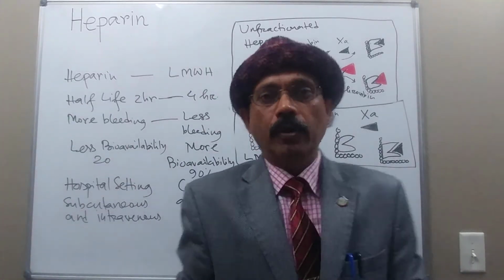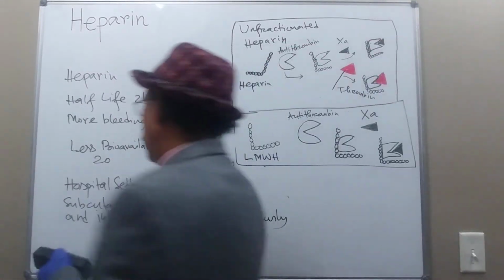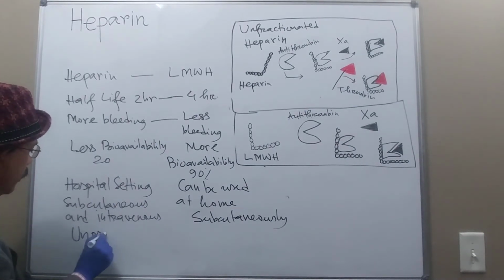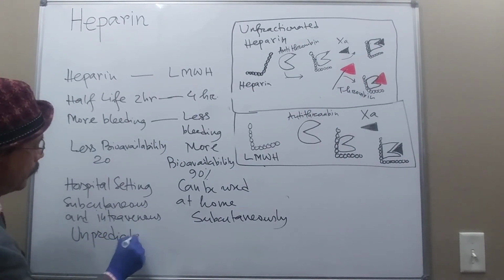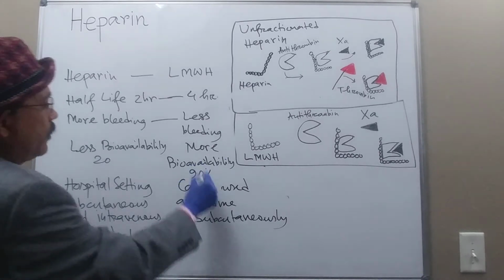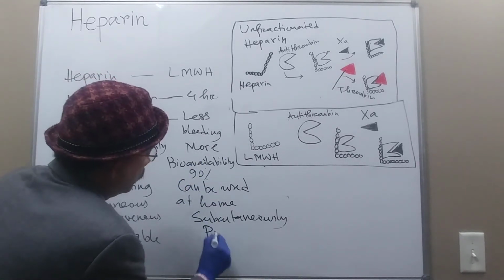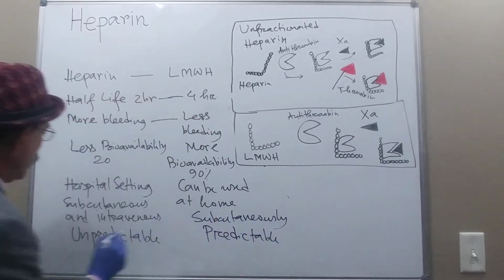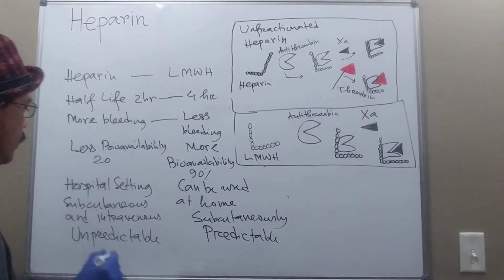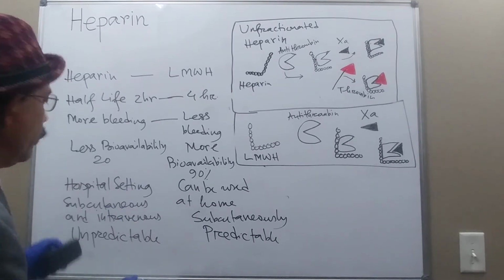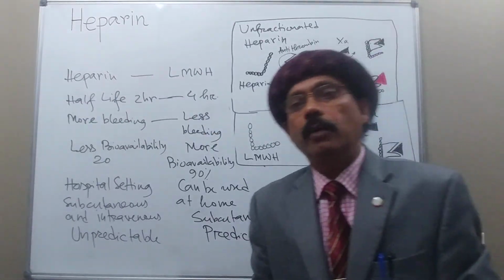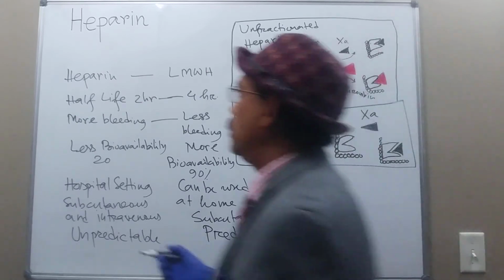Also our regular heparin's action is unpredictable. This action is predictable. So we got the differences between the low molecular weight heparin and regular heparin.